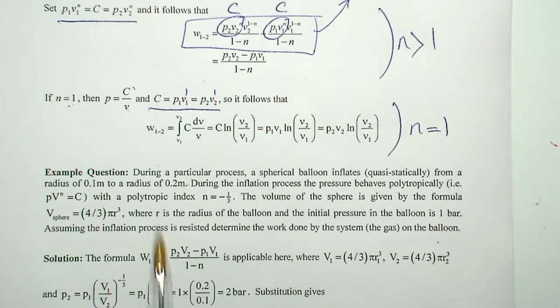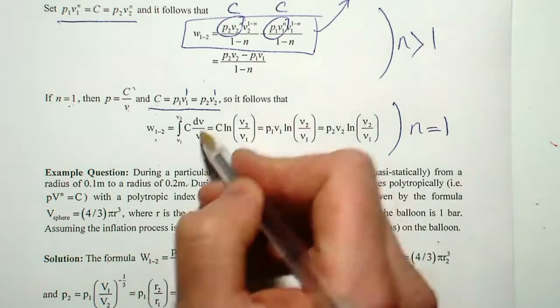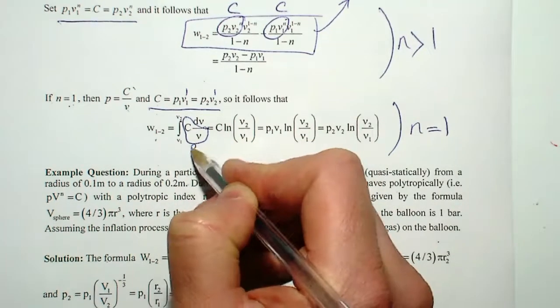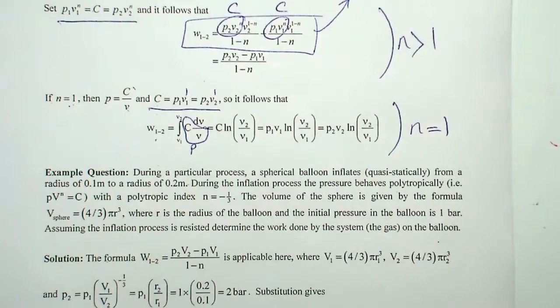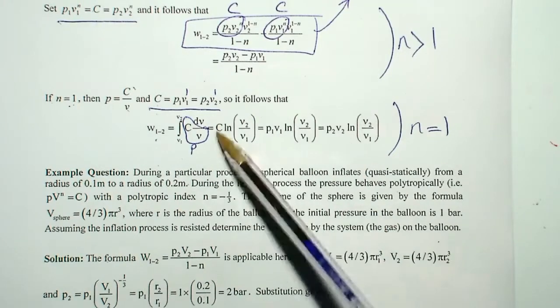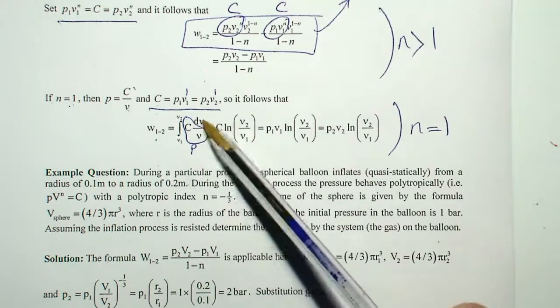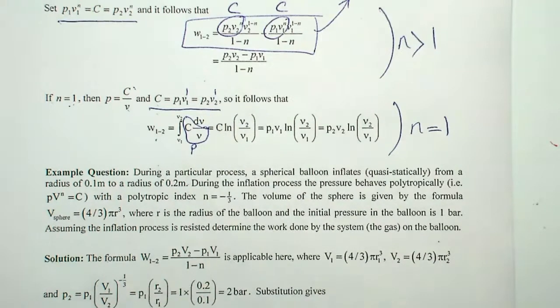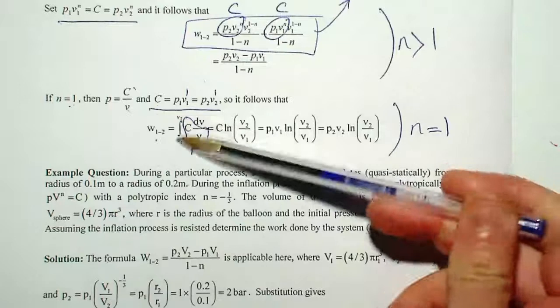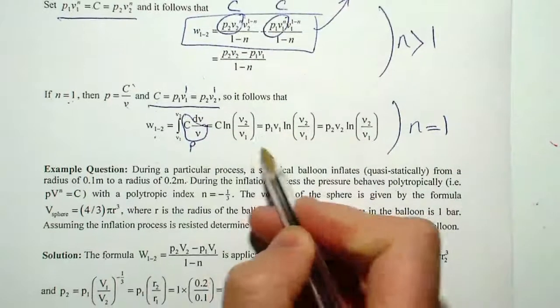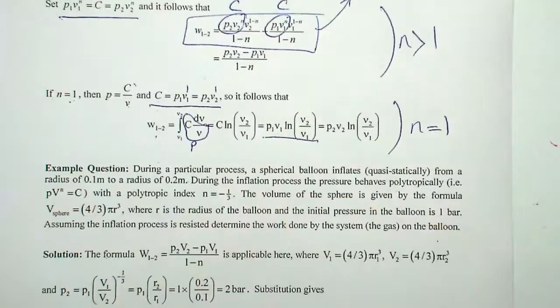And in order to find W12, all you need to do is replace P with C over V in that equation. And when you want to integrate something like dV by V, you've got to use the natural logarithm. That's ln V2 over V1. And simply by noting the two limits here, that is simplified to that equation.